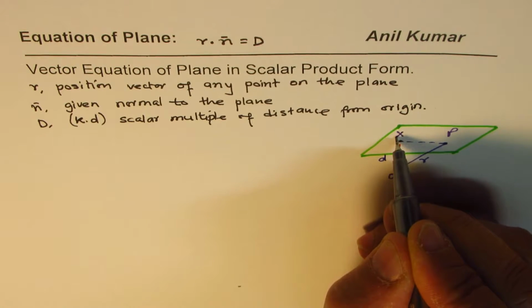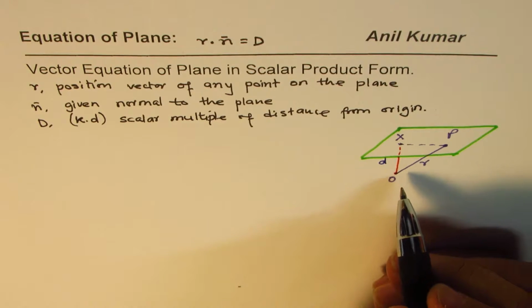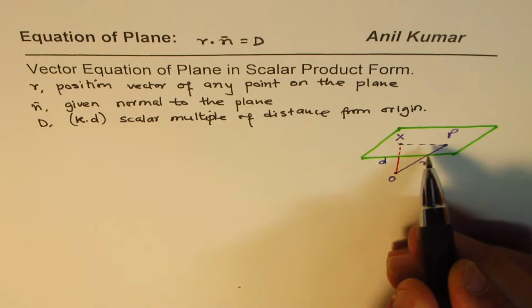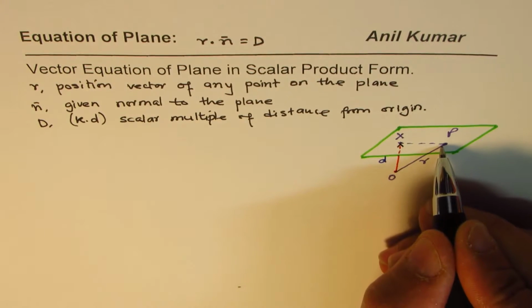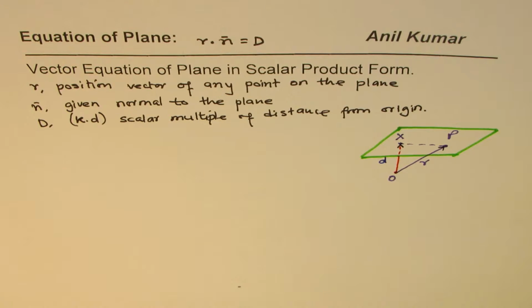Let us call this point X. In this vector diagram, we can relate OX, OP, and XP. That forms a vector triangle, so we can relate them all.